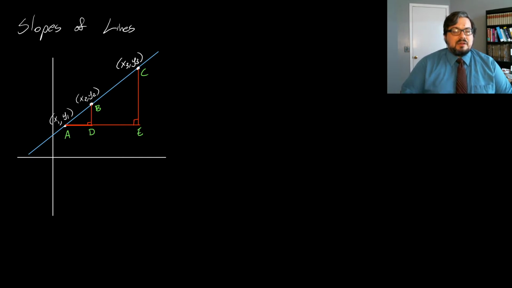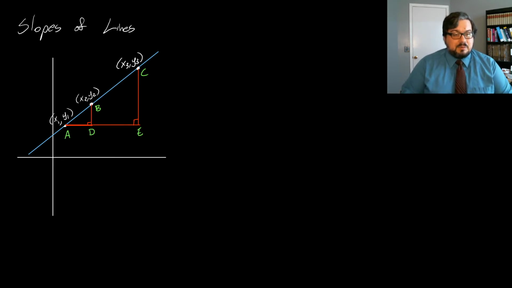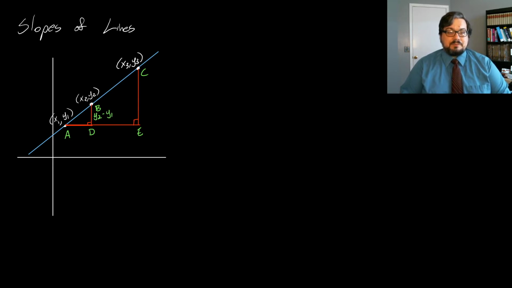So let me also label the lengths of each of the sides of these triangles. Now again, based on the sort of analysis that we did last time, we can do this as follows. The segment BD, the vertical side of the smaller triangle, has side length y2 minus y1.